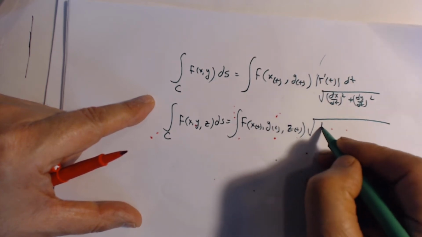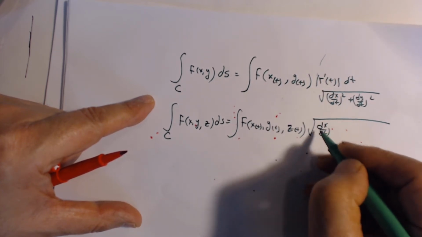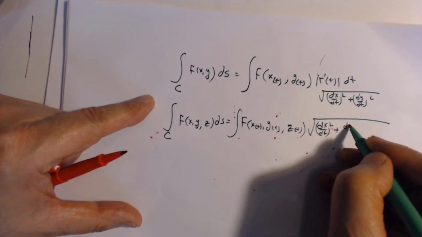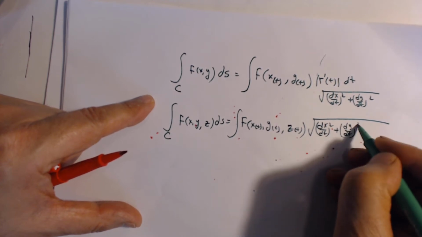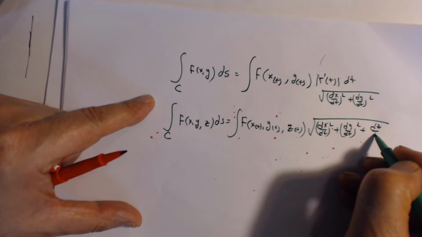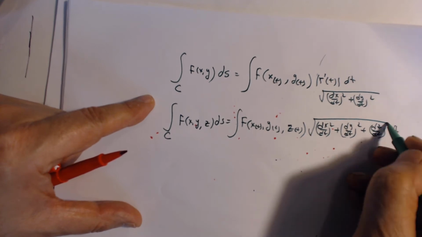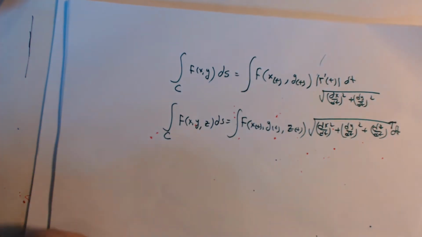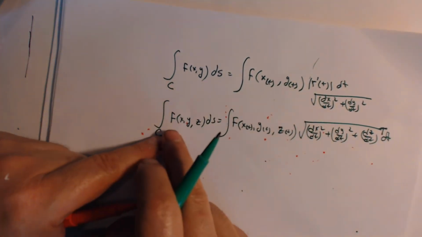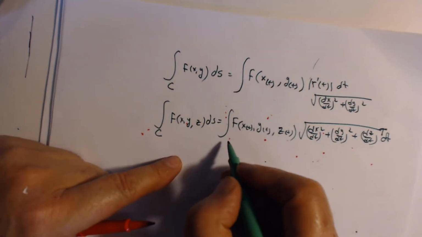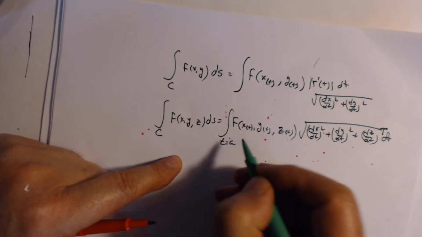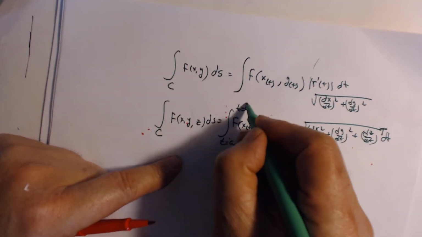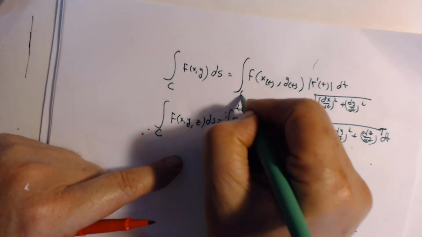In this case, it's going to be the square root of (dx/dt) squared plus (dy/dt) squared plus (dz/dt) squared, dt. Therefore, this is nothing except changing a line integral into a definite integral from t equal to a to t equal to b. And remember, a has to be less than b.